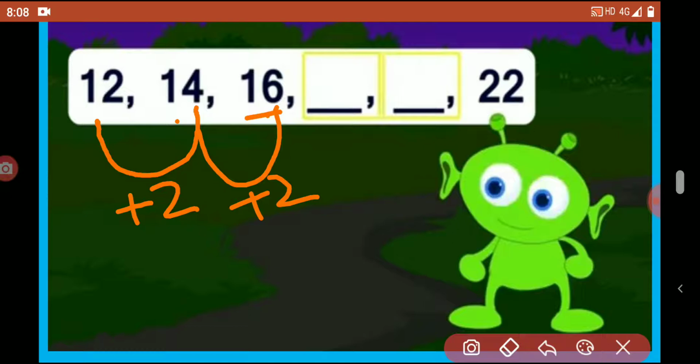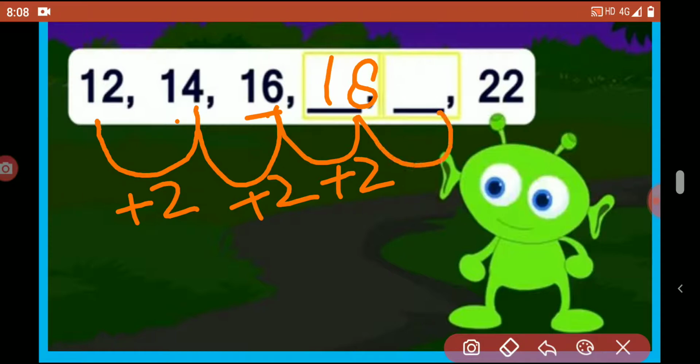If we add plus 2 with 16, it's 18. Then again we add plus 2 with 18, the answer is 20. So in this pattern numbers increase and it follows the rule of plus 2.